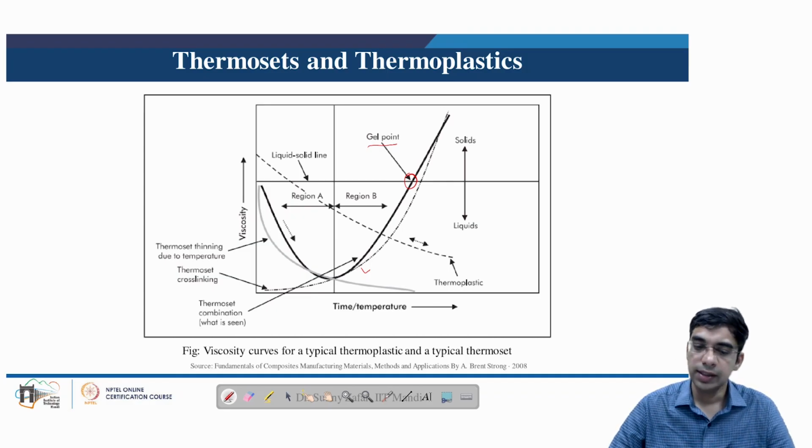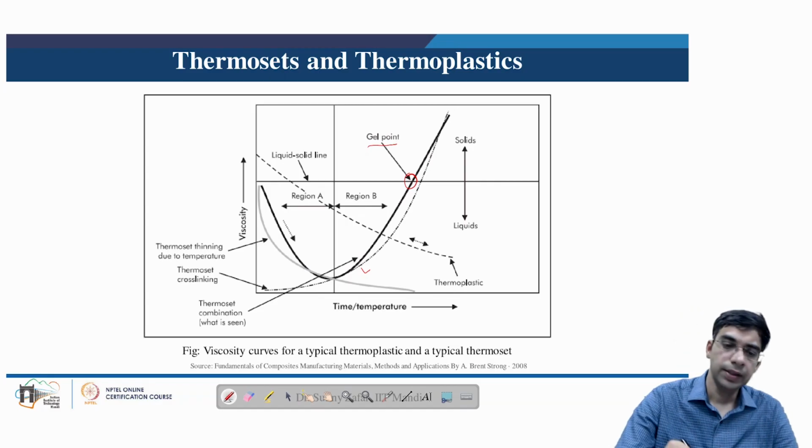As the curing further continues, the viscosity keeps on increasing more and more, because of which we observe a solidified material after the curing of thermoset. And it is opposite in the case of thermoplastic. With an increase in temperature, due to the absence of crosslinks, they render reduced viscosity, and we end up with a liquid type of material in the end.